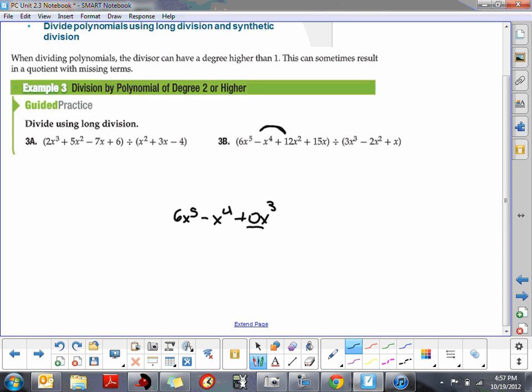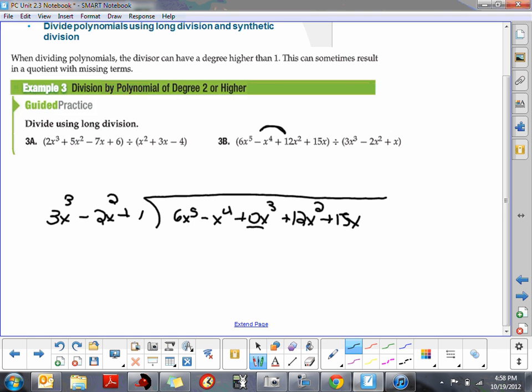We really haven't changed it because we don't have any of those, so there's no real value change. So plus 12x squared plus 15x. And I know there's not a constant back here, but there's really no need to put plus 0, but if you really like to, you can. Divided by our divisor, which is 3x cubed minus 2x squared plus x.